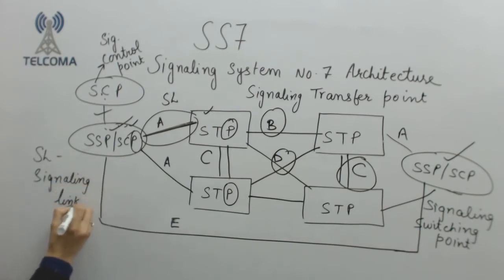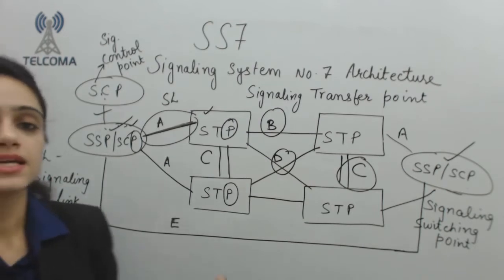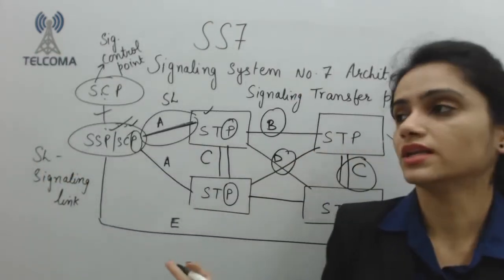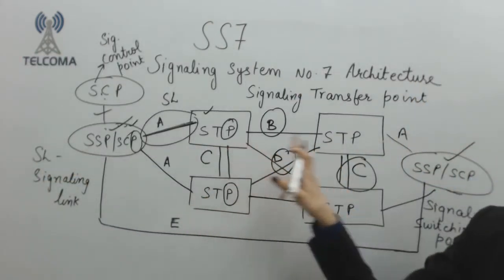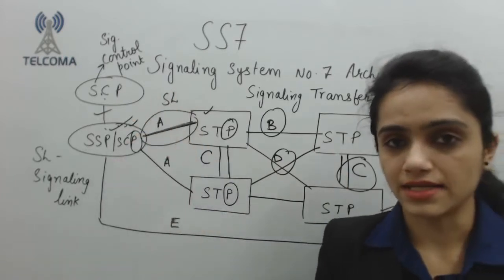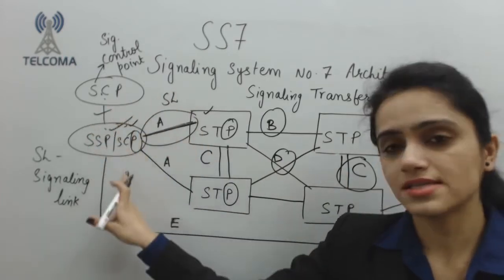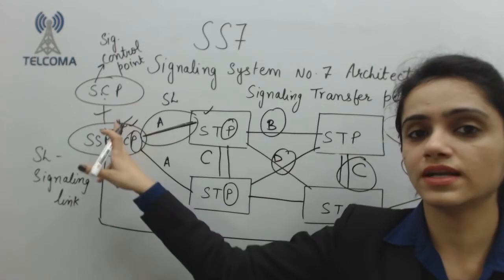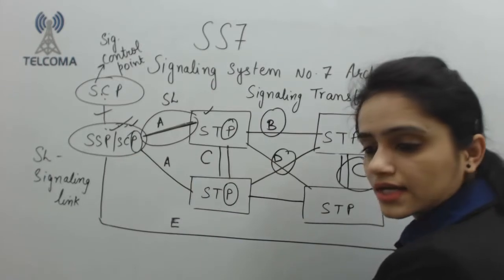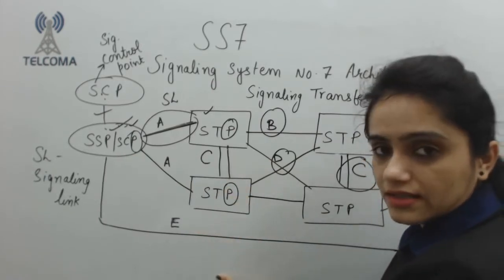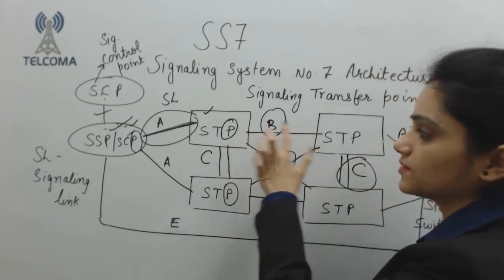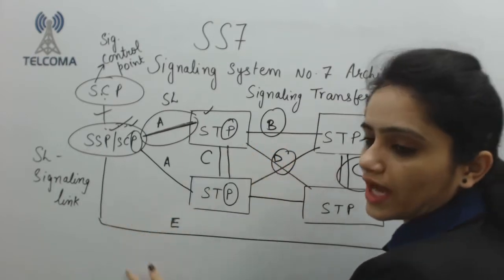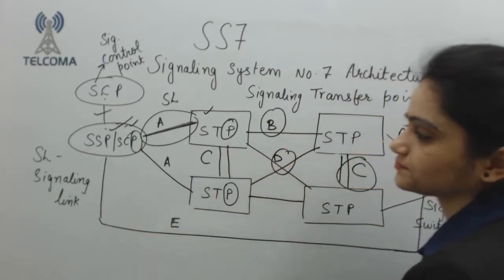This signaling link is basically the interconnection between different signaling points. Each and every entity, whether SCP or SSP or even STP, represents a signaling point. So I have various signaling points combined with one another, and the connection between two points is known as a signaling link.